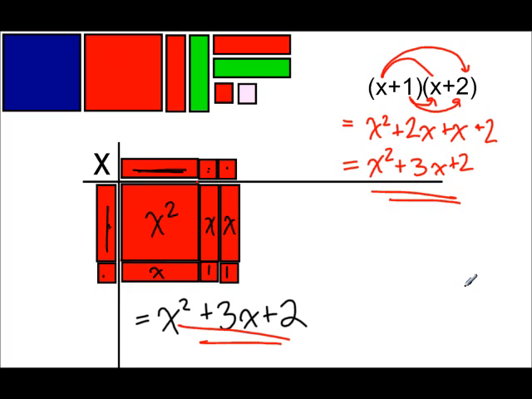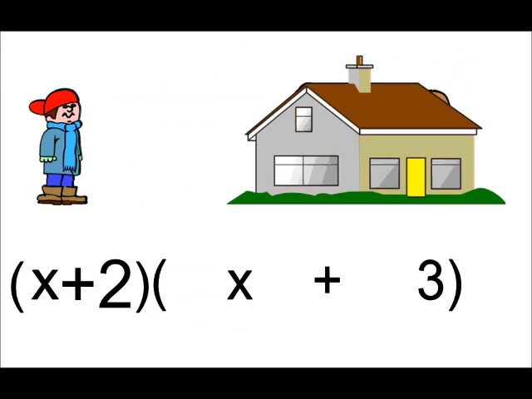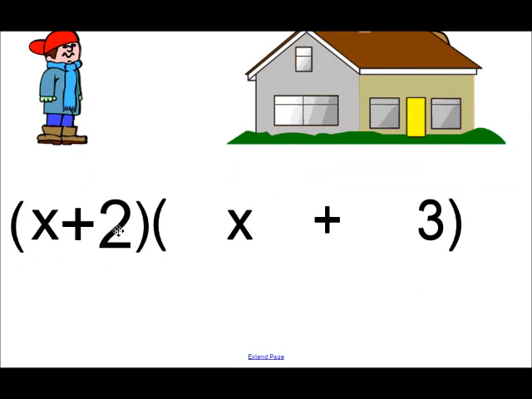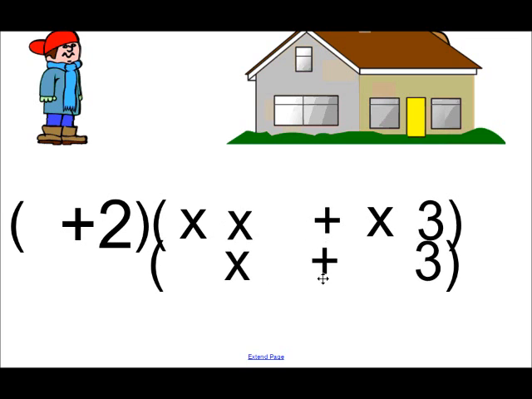Okay? So now, when this binomial comes to the party, each binomial part has to say hi to everybody else. Okay? So what that looks like here is a little bit more complicated, right? So the x first goes in and says hi to everybody, right? But then this 2 has to go in and say hi to everybody as well.